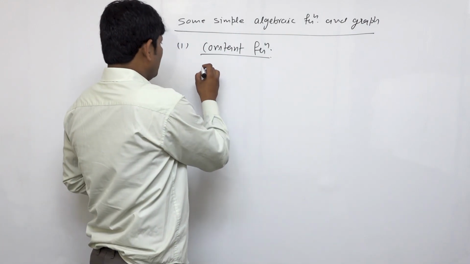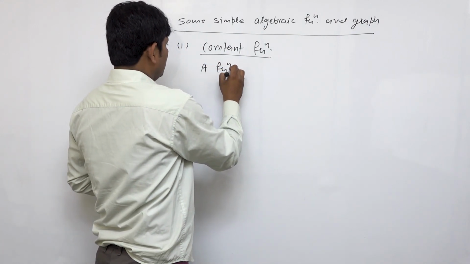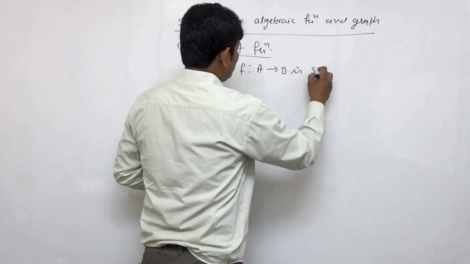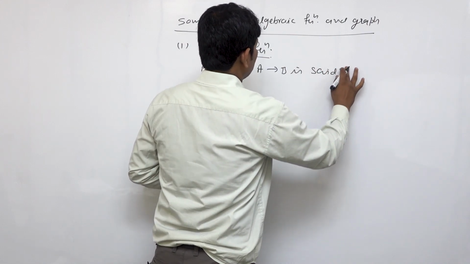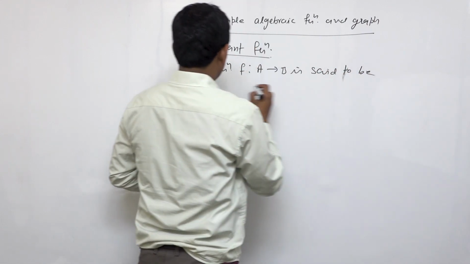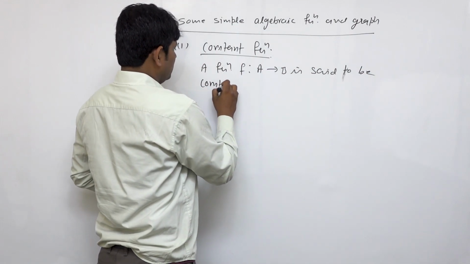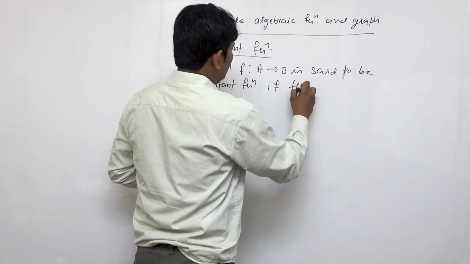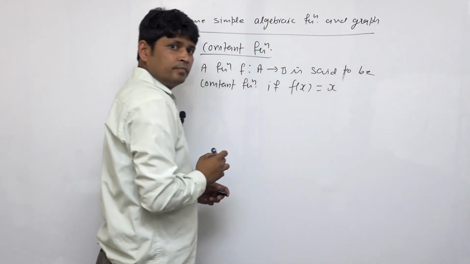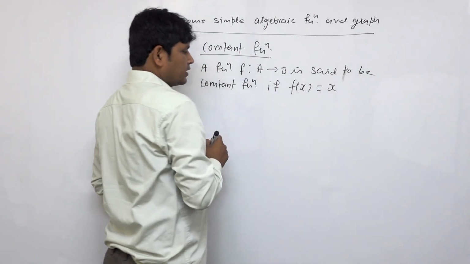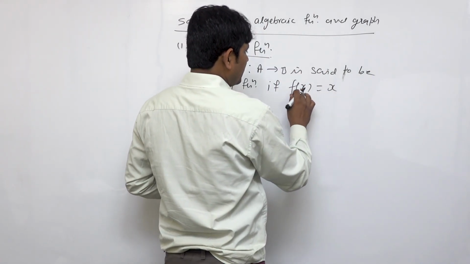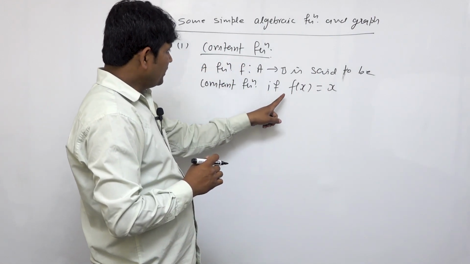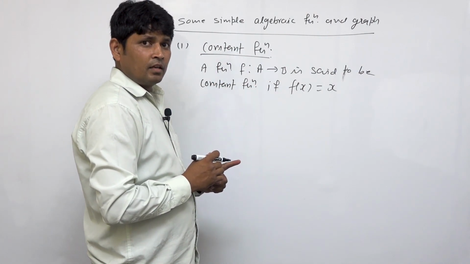A function f is defined from a to b is said to be constant function if fx is equal to x. If fx is equal to x, for any values of x, you will get the result fx, and this is called constant function. So we can represent this constant function in a diagram.